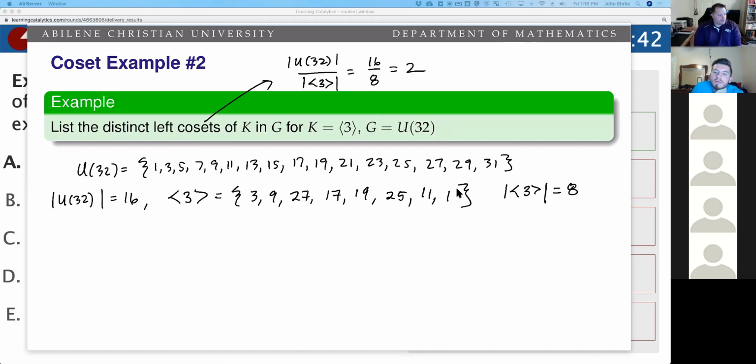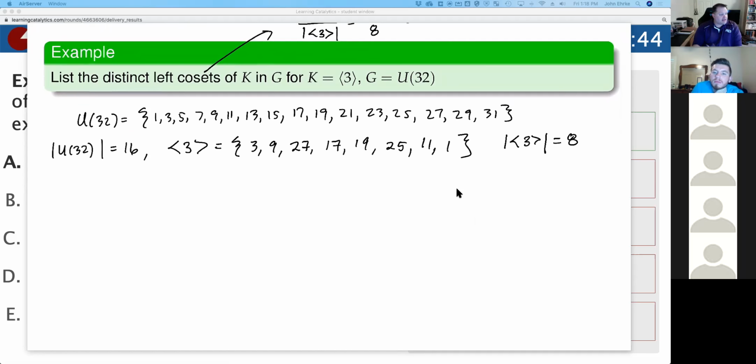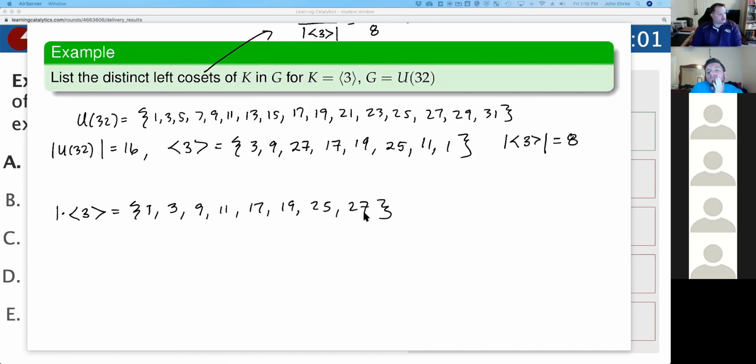So this first candidate is to take the identity and multiply on the left the subgroup, in which case you generate, I'll write it in order here, 1, 3, 9, 11, 17, 19, 25, 27. So 1 times the subgroup generated by 3 gives the subgroup.